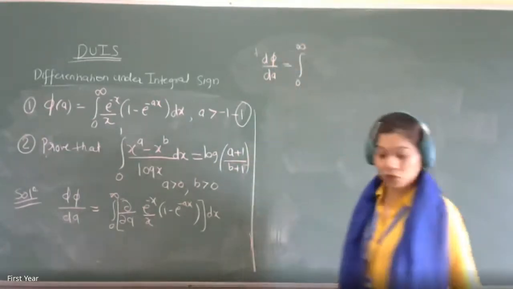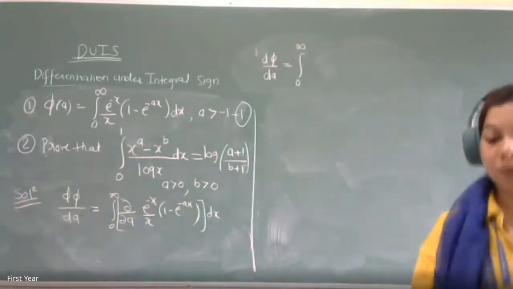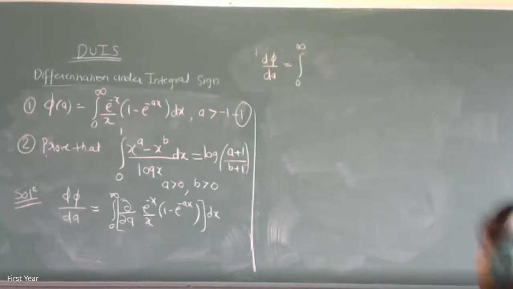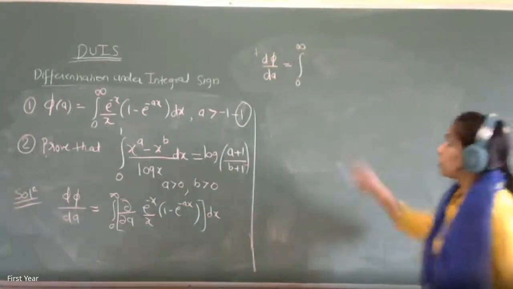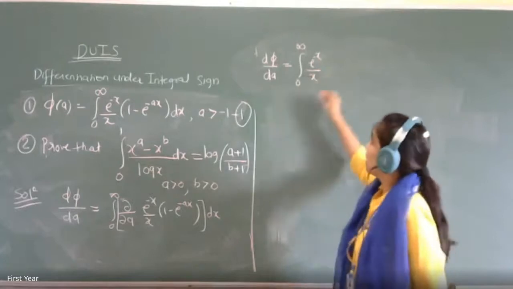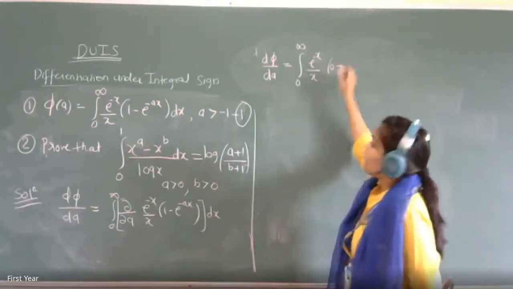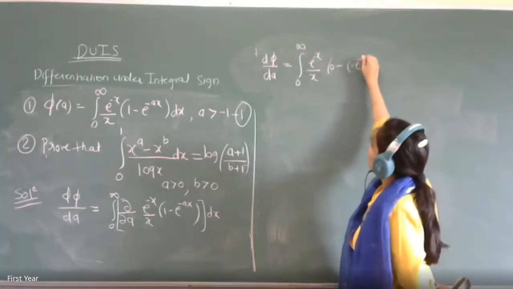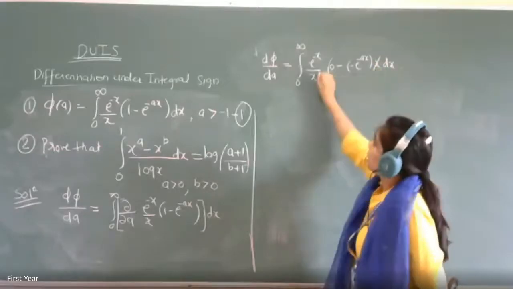When I am differentiating with respect to a, x will be constant, so e raised to minus x upon x will remain as it is. Derivative of 1 will be 0 minus derivative of e raised to minus ax, which is minus e raised to minus ax into x. Correct. So this x and x get cancelled.